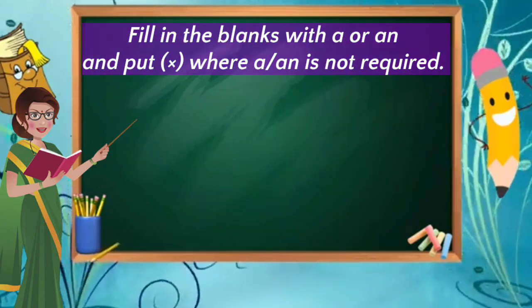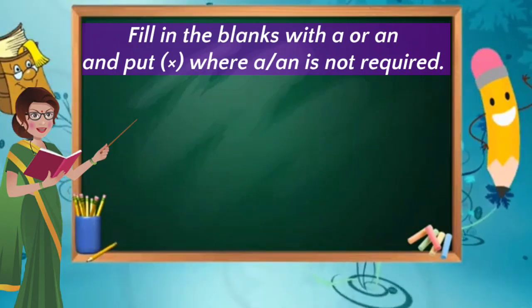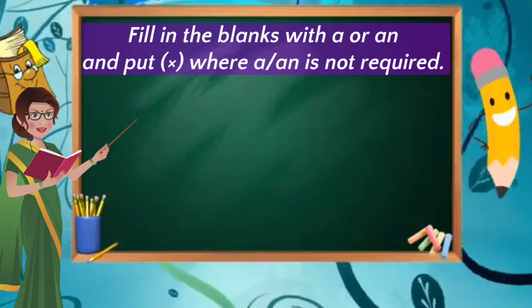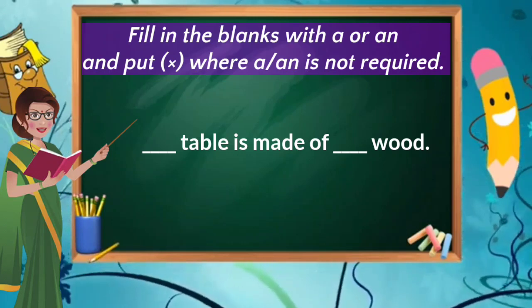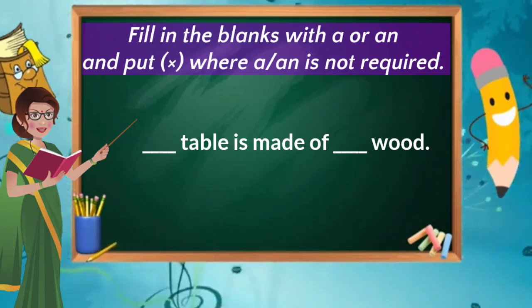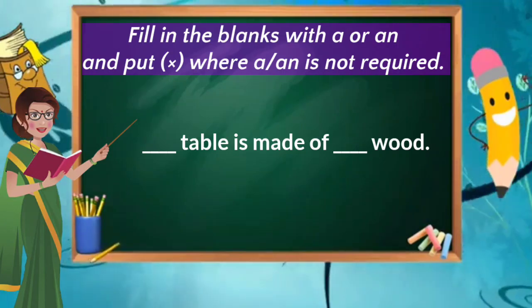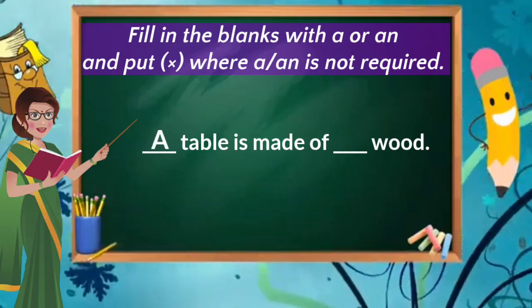Now fill in the blanks with a or an and put a cross mark where a or an is not required. Okay? Dash table is made of dash wood. What do you want to put here? A, an, or a cross mark? Yes. For the first one, table is the noun and we can use a or an before it.